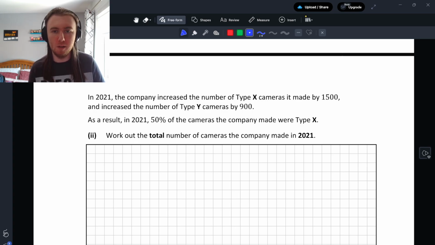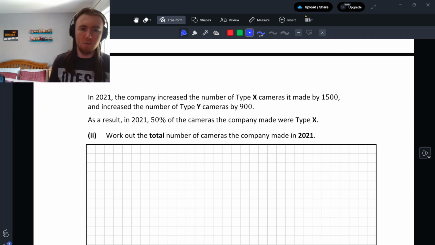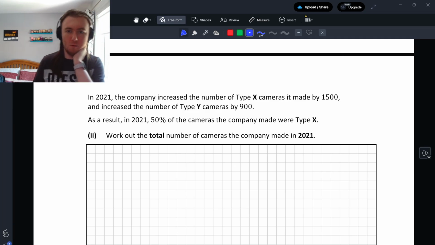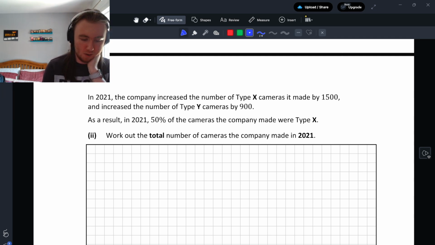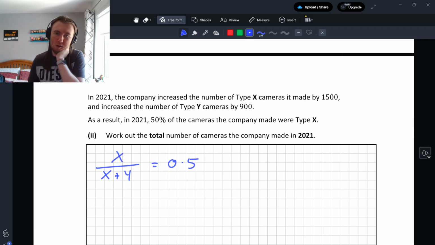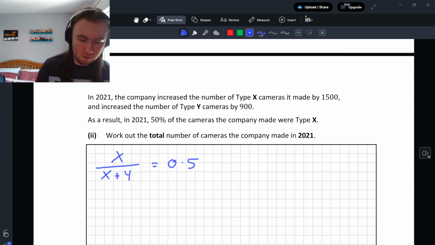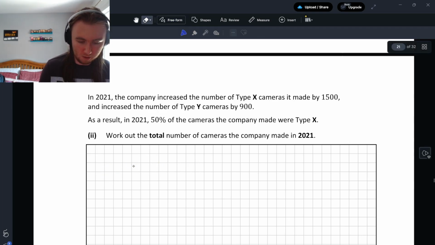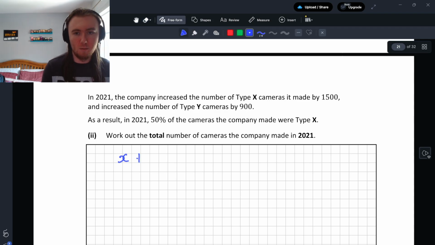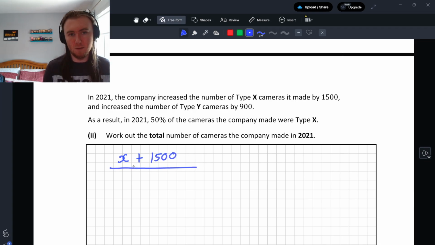Increased number of Type Ys by 900. As a result, 50% of the cameras were Type X. So now x over x plus y is simply 0.5. Well, sorry, the original amount of x, okay, I think I've actually cracked it. So the original amount of x cameras plus 1,500 divided by x plus y plus 2,400 is now 0.5.